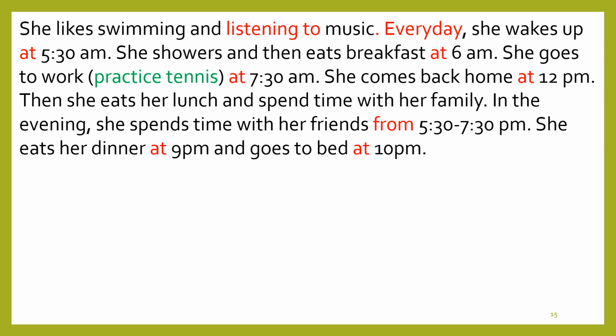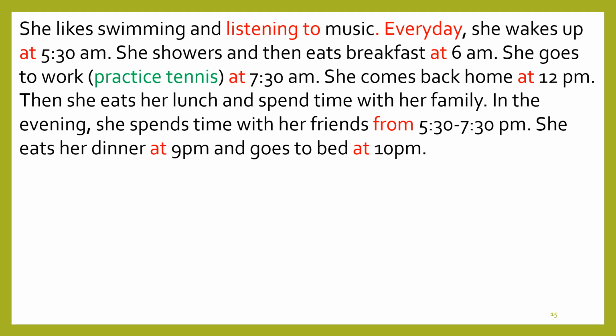Now when you look at the table, you see in the hobbies it's written swimming and music. You cannot copy it as it is. She likes swimming and music. Normally, music here means when people like to listen to music, they use the word only music. So you need to add those extra words, listening to music.